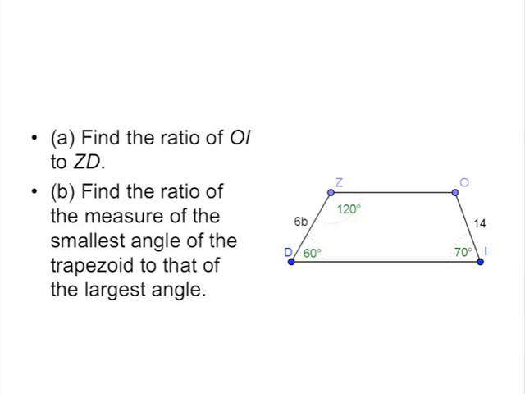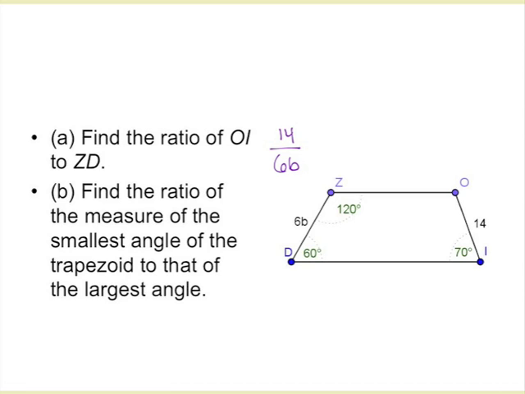So in this example, we're asked to find the ratio of OI to ZD. So what we need to do is find the length of OI, which is 14, and divide that by the length of ZD, which is 6b. A ratio should always be given in its simplified form. So we need to reduce fractions when appropriate.